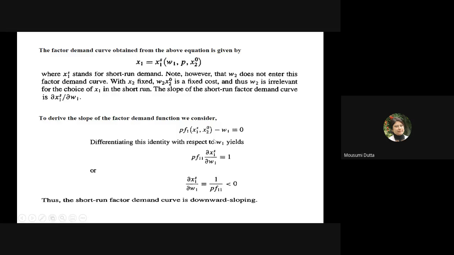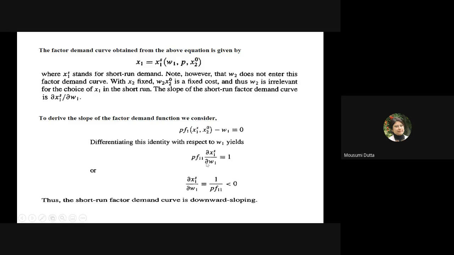Now we will take the derivative of this expression with respect to w1. For f1, you have to apply the chain rule. f1 is a function of x1S and that x1S is a function of w1.